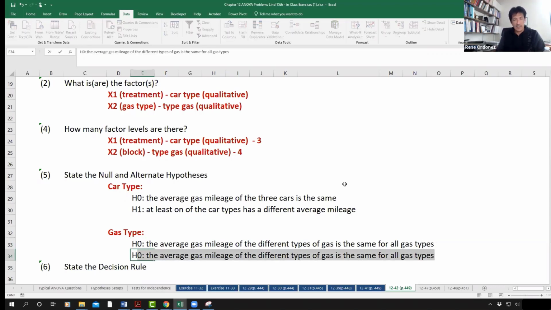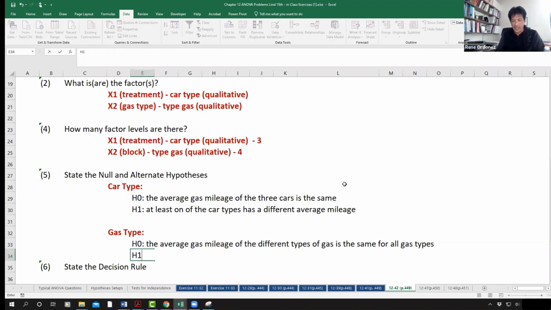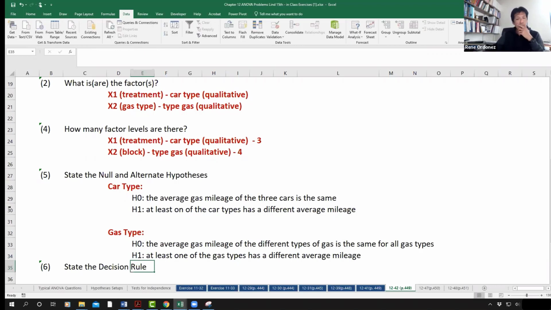And then the alternate hypothesis will say that at least one of the gas types has a different average mileage. You agree? Yep.